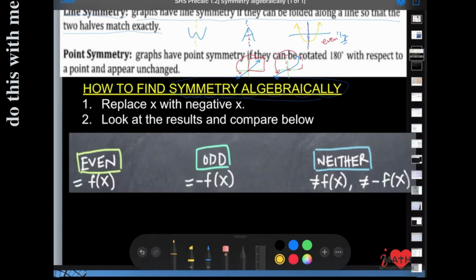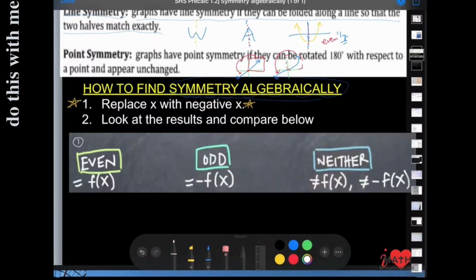Well, replace x with negative x. Every x value you see in your polynomial, you're going to take the x and put in a negative x. And then you're looking at these results and you're going to compare it below. You're going to get one of these three conditions.